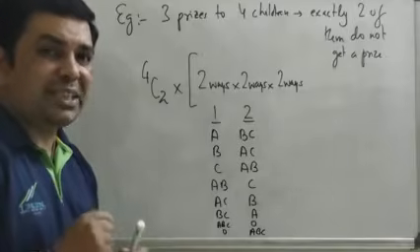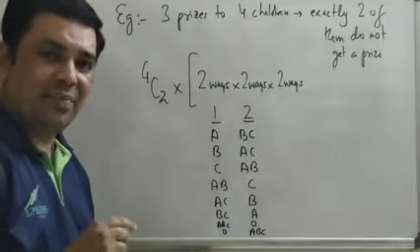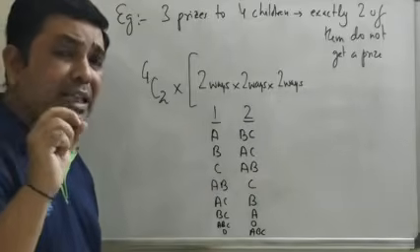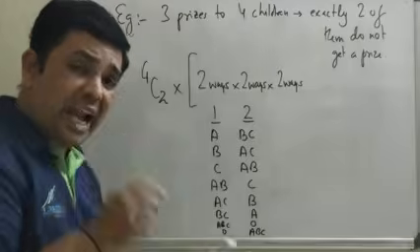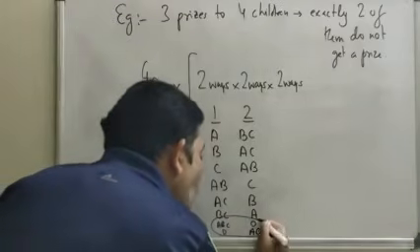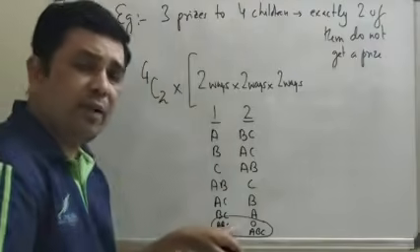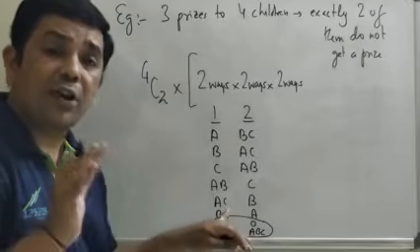Now please look at these 8 ways. Out of these 8 ways, and I hope all of you are listening very carefully, there are 2 ways in which all the 3 prizes will be given to only one person. And these 2 ways are not acceptable.